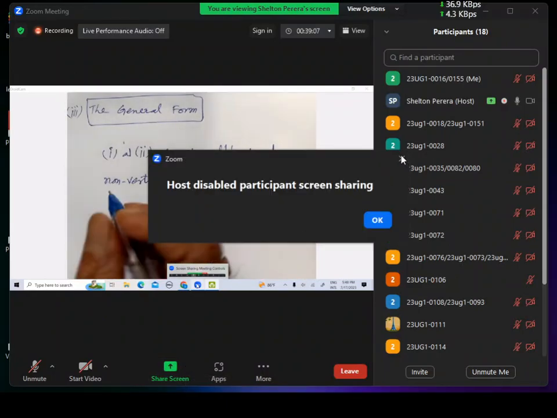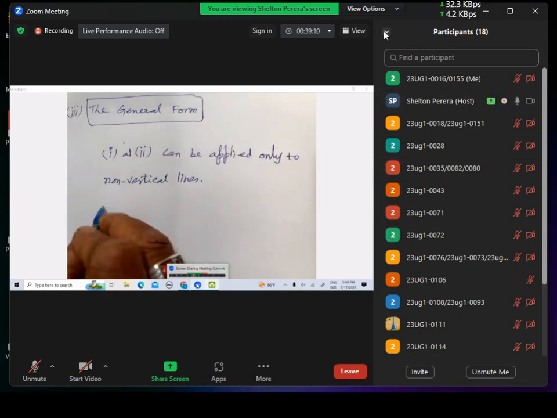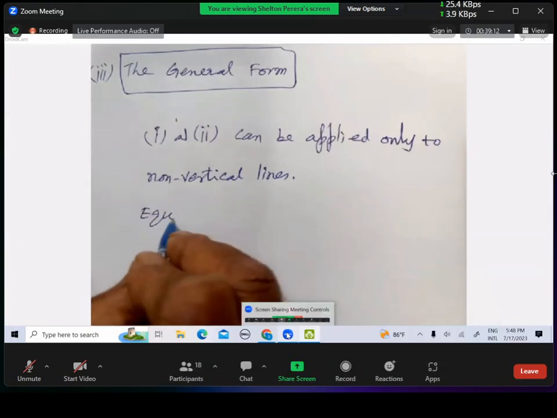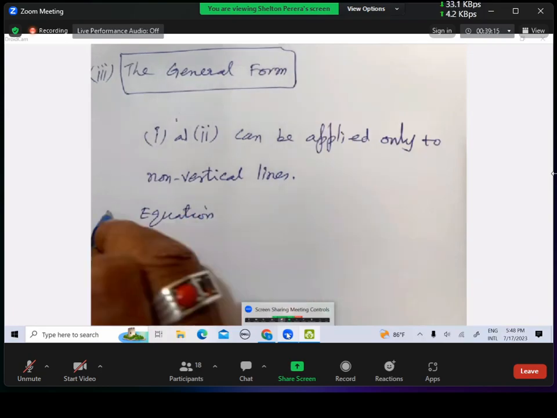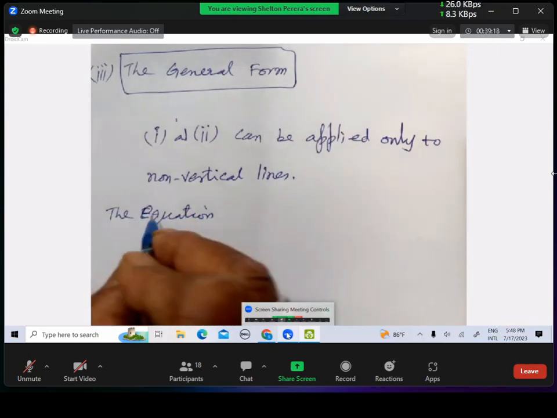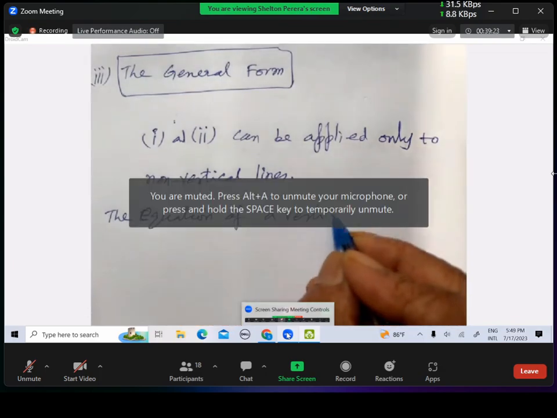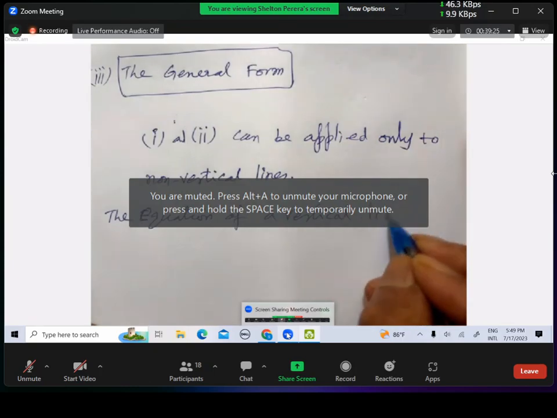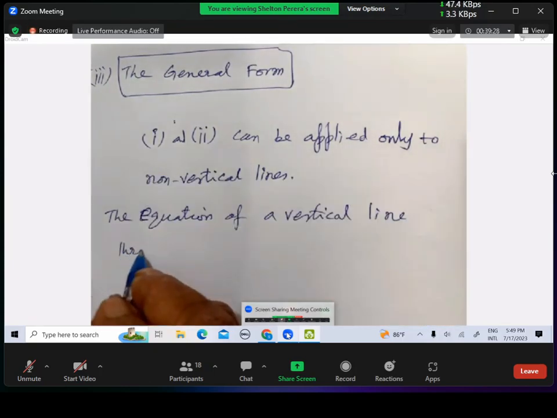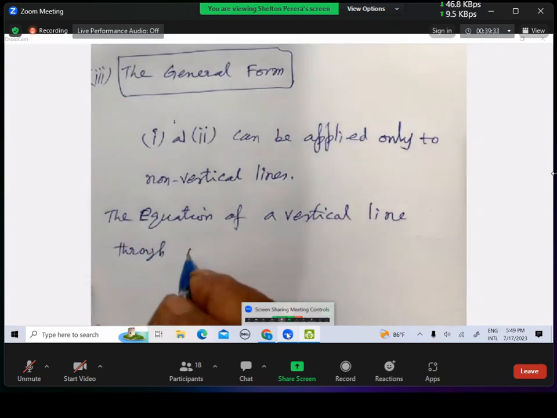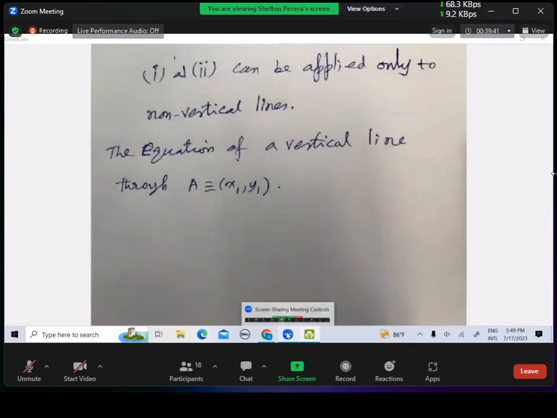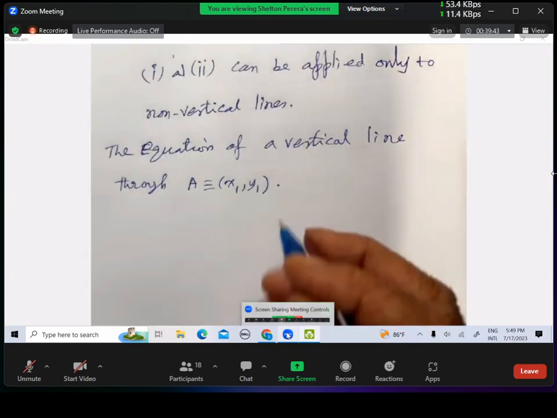How do you find the equation of a vertical line? The equation of a vertical line through A, x1, y1.